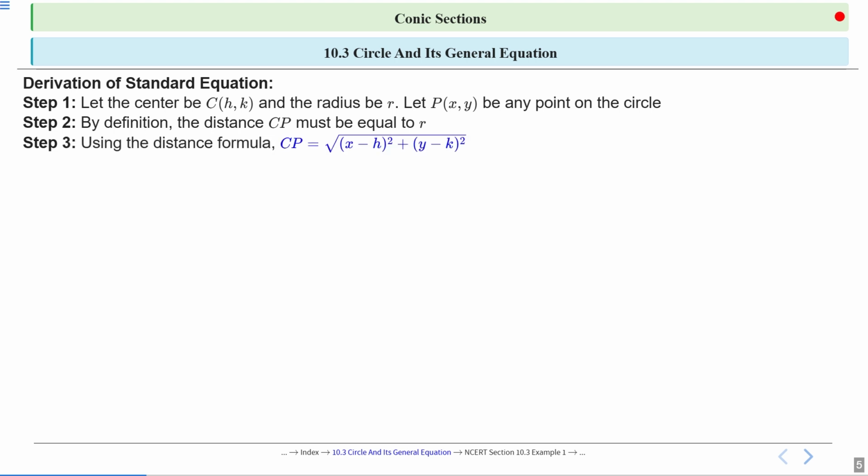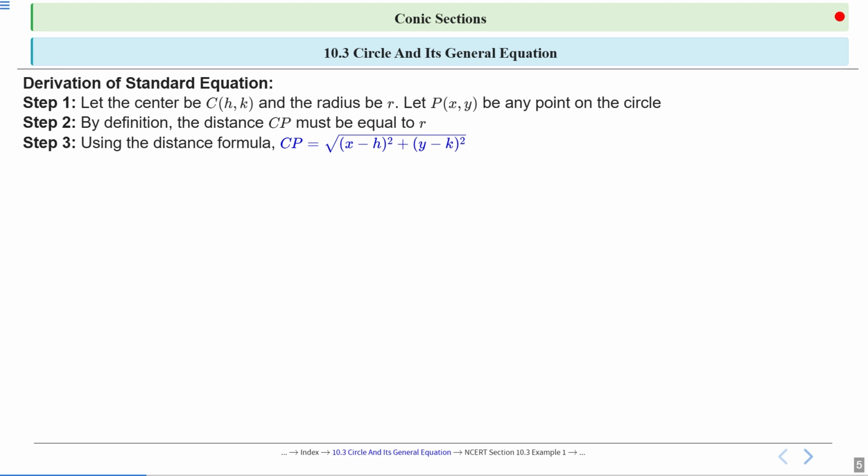Now we are going to use the distance formula. You know the distance formula for 2 points. If you have 2 points (x1, y1) and (x2, y2), then the distance between them is the square root of (x1 minus x2) whole square plus (y2 minus y1) whole square.